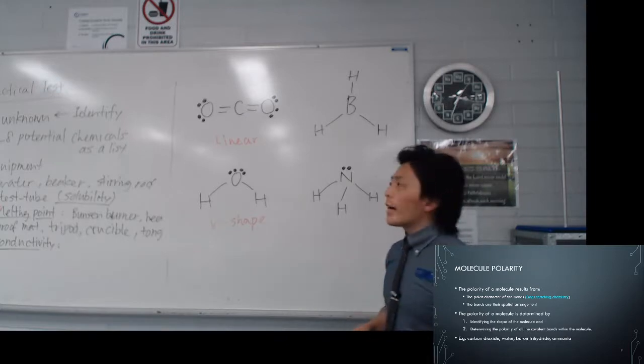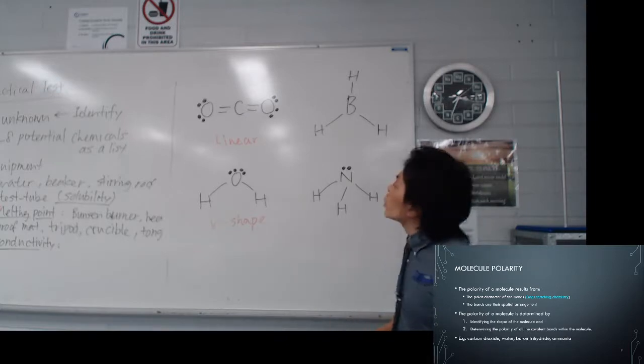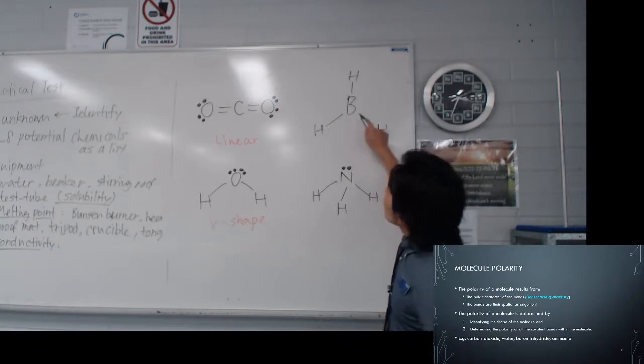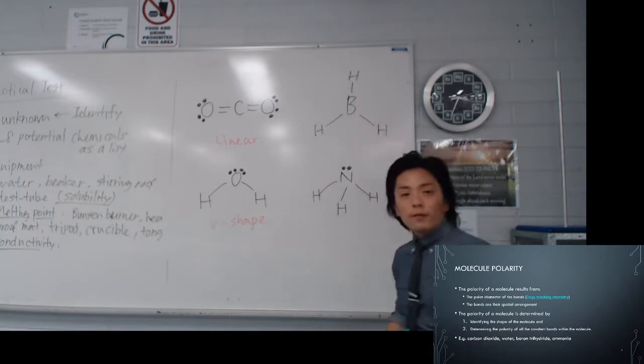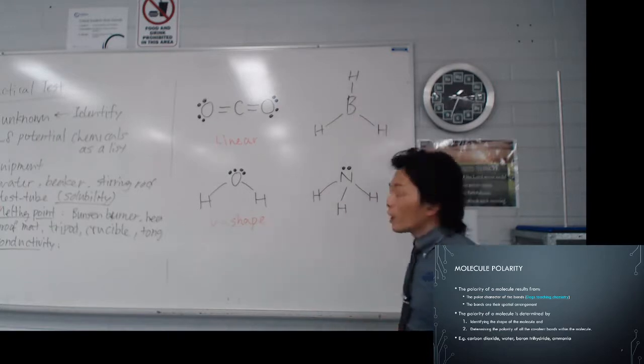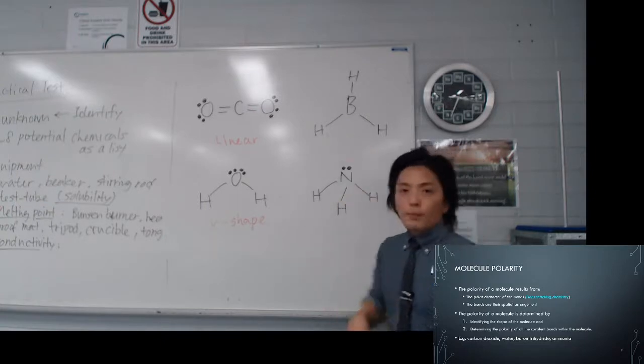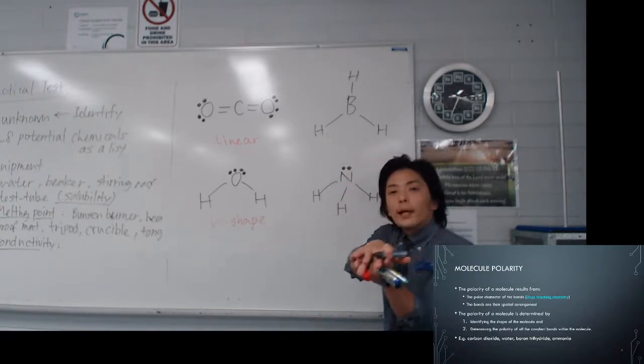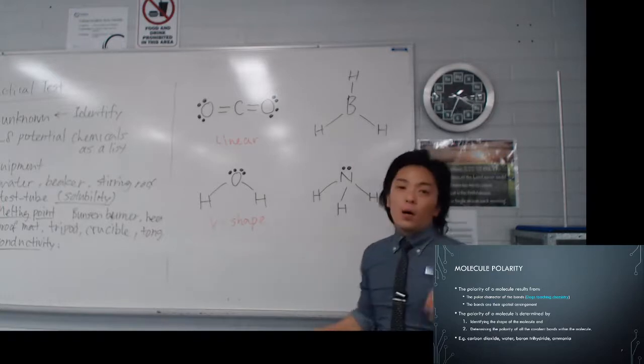Now, boron has 3 electrons in its outermost shell. All those electrons are used up to bond with 3 different hydrogen atoms. This shape lies on a plane, so all the atoms there are on the same plane.